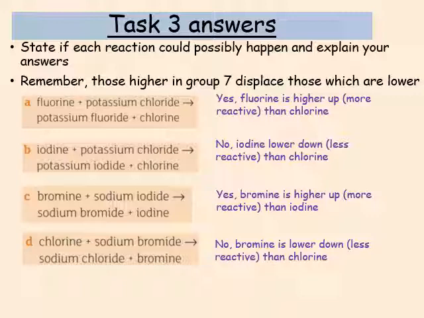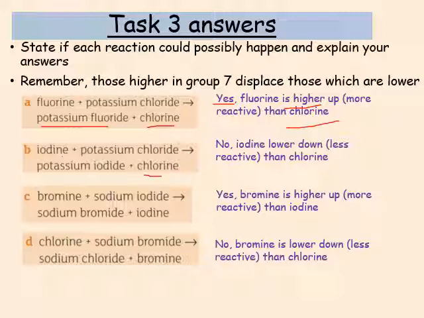Okay, so fluorine and potassium chloride forms potassium fluoride and chlorine. Yes, that can happen because fluorine is higher up in the halogen group. It's more reactive than chlorine, so it's going to take that potassium away from chlorine. However, iodine is not more reactive than chlorine.